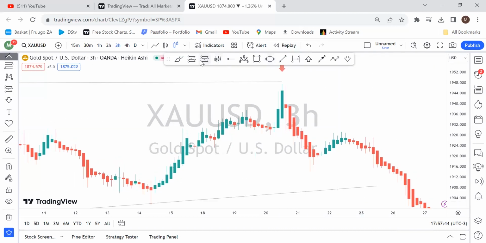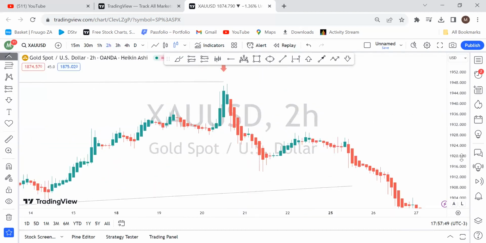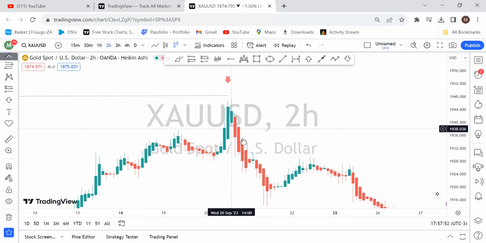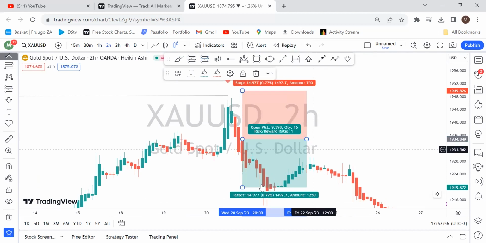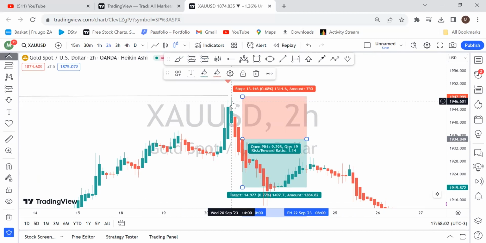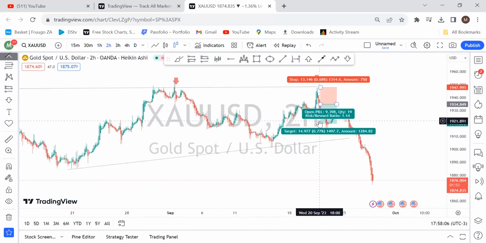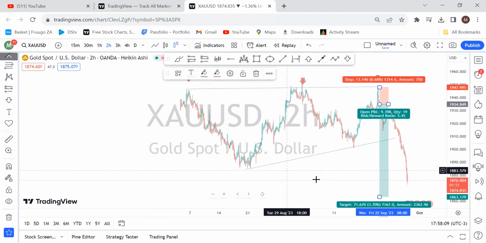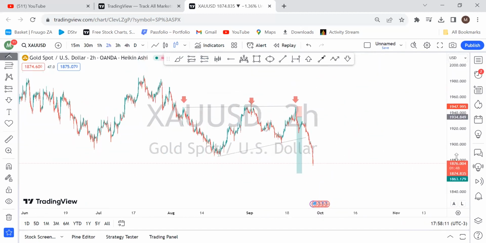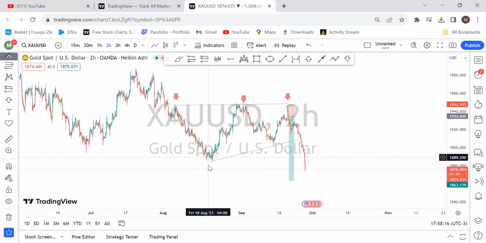So you could have opened, or you could have actually went down to the 2-hour time frame and then place your trade at the opening of the third candlestick, placing your stop loss right above the highest point, and then you just scale down, right? 90% rule reached, past it.